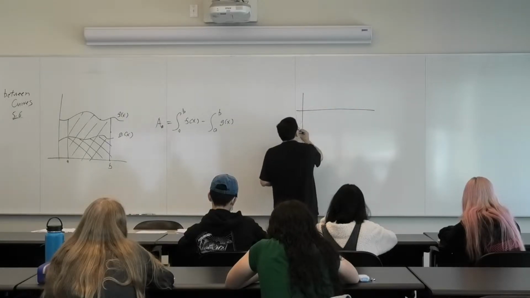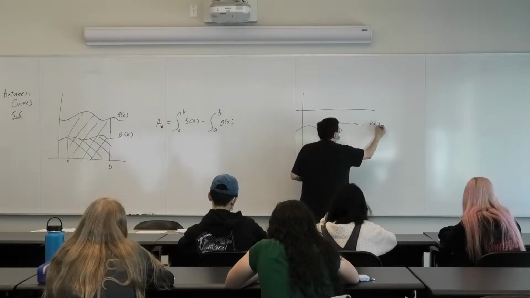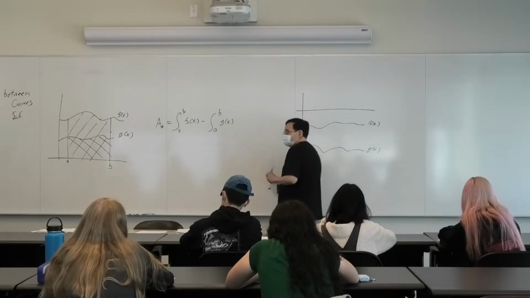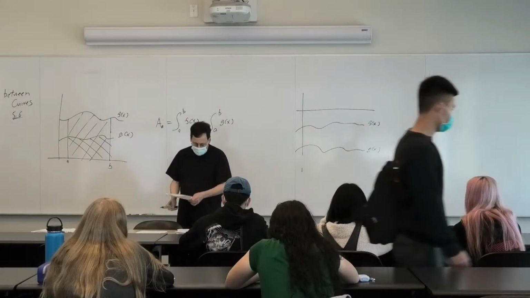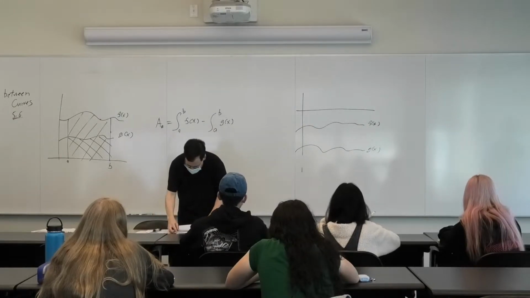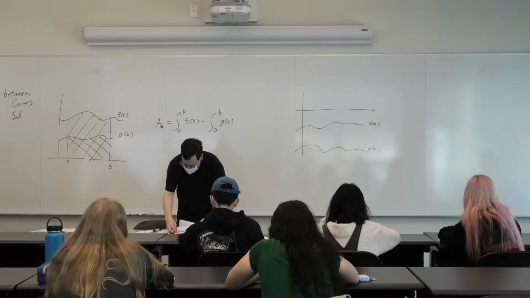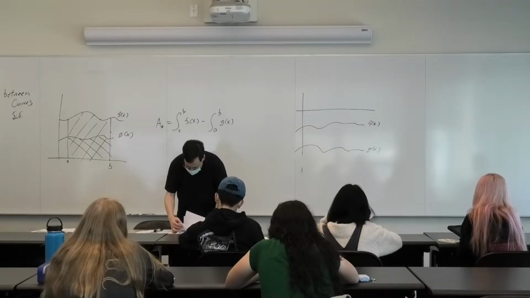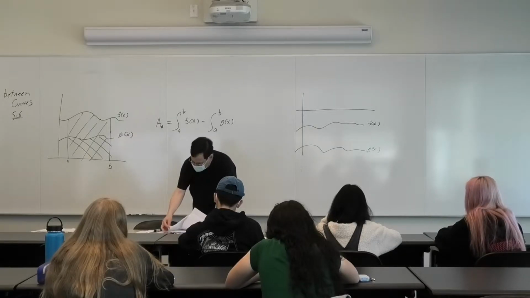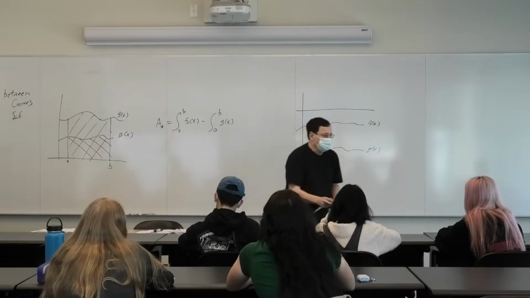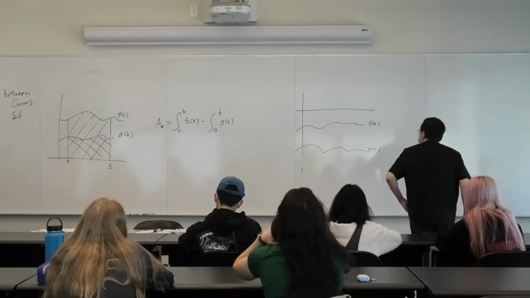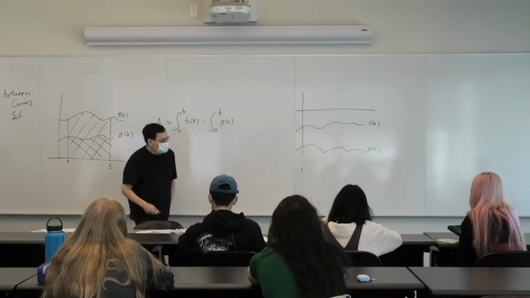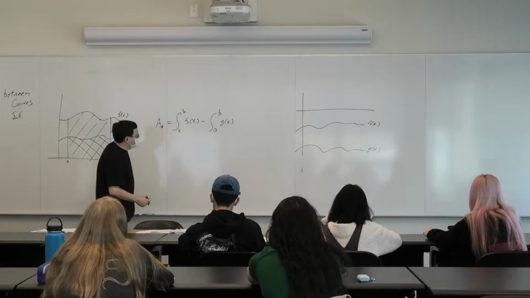What happens if f of x is down below, g of x is down below? Well, you might worry about that. You might think, is there something special I have to do?